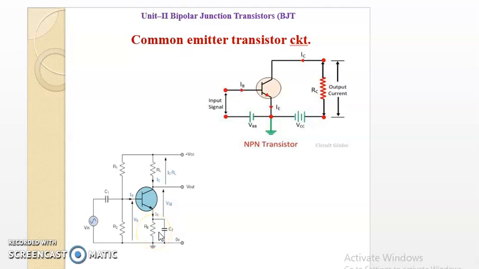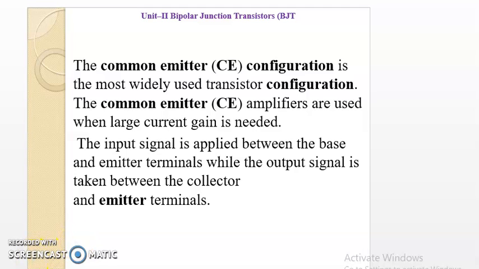This is the emitter resistance, and the RC coupled capacitor is here. In this way, only remember here emitter is common to both input as well as output. Now, common emitter configuration is the most widely used transistor configuration. The common emitter amplifiers are used when large current gain is needed.